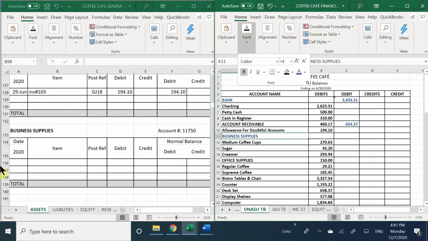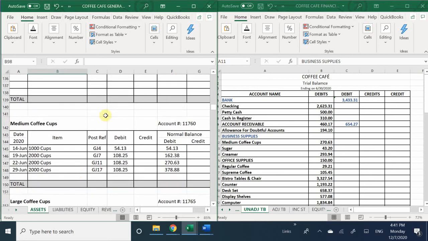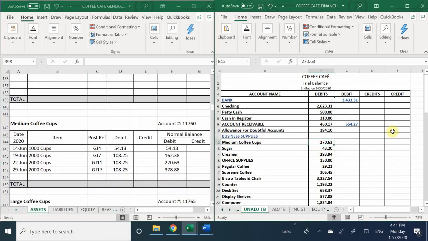Did my medium coffee cups increase or decrease? It increased to 378.88.